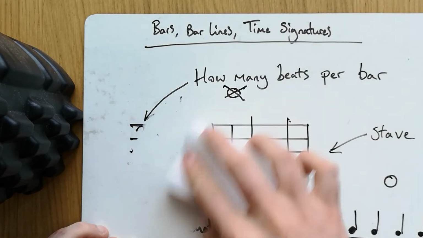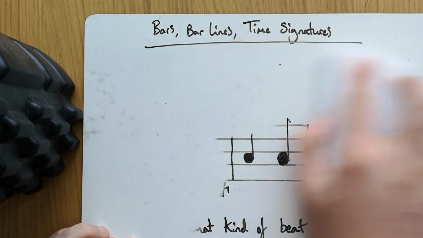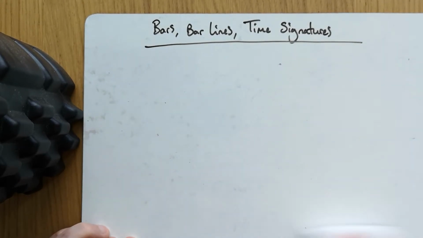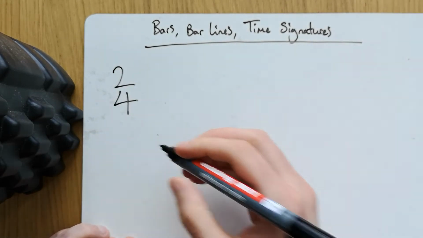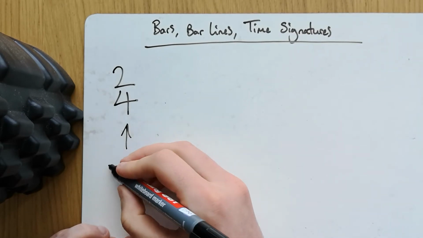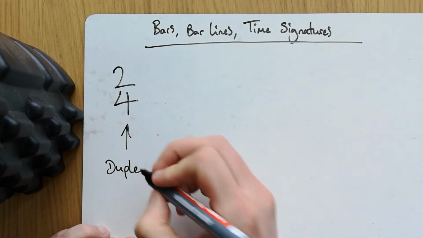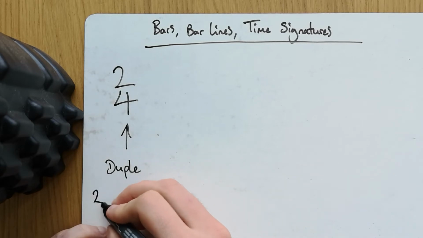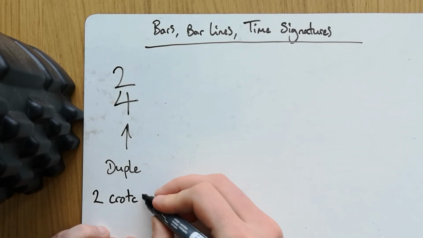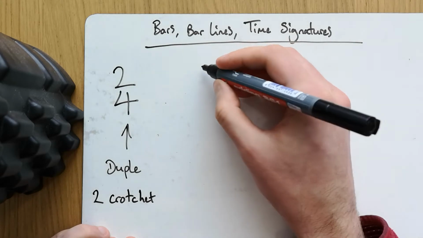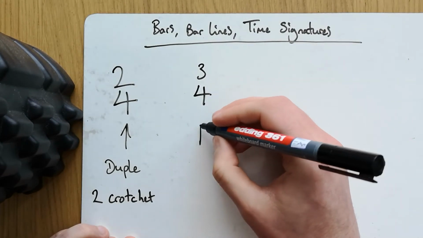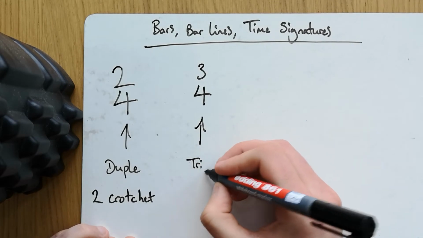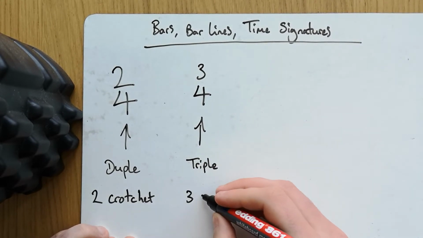So we've got several different time signatures we're going to look at. Okay, we've looked at 2/4. It is called duple time, because there are 2 crotchet beats in a bar. We've got 3/4, which is triple time, because there are 3 crotchets in a bar.